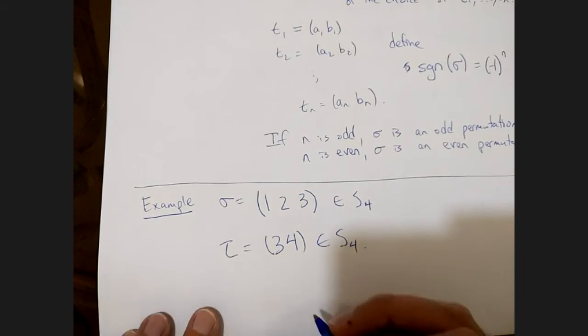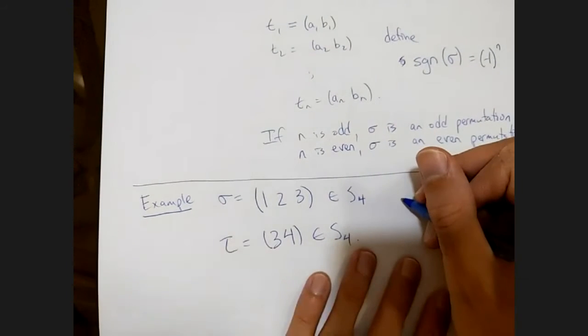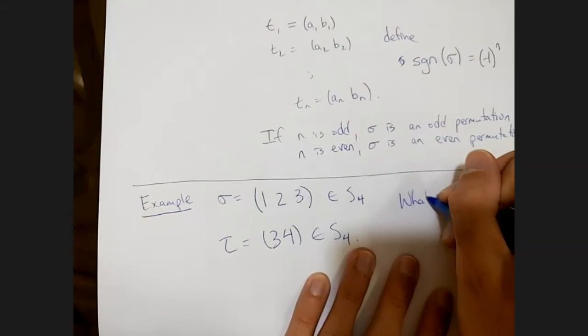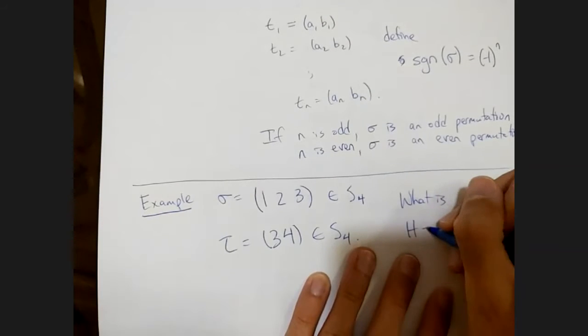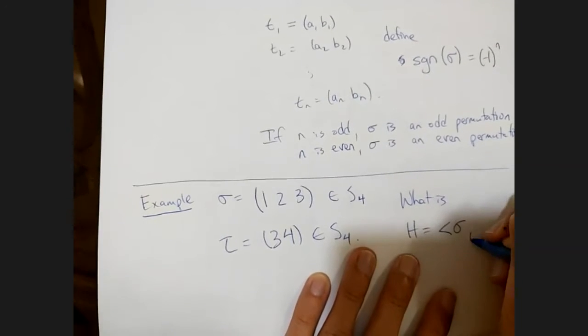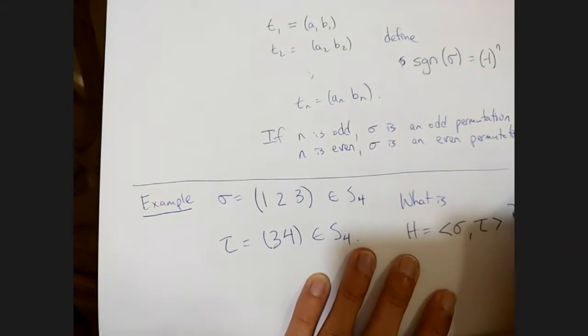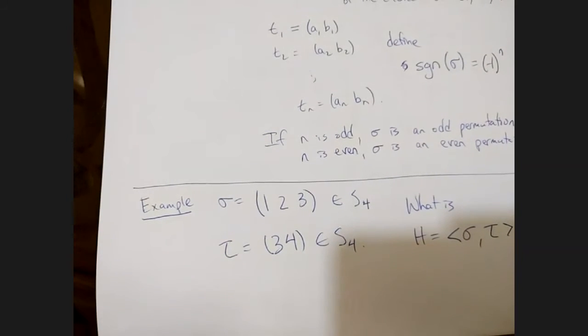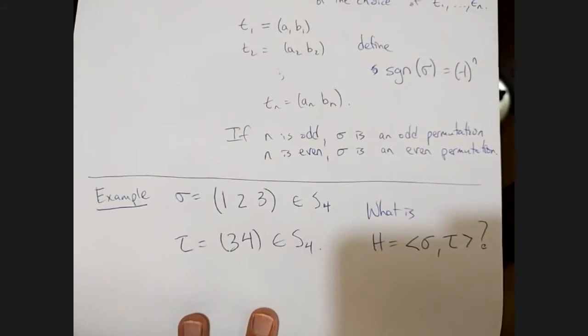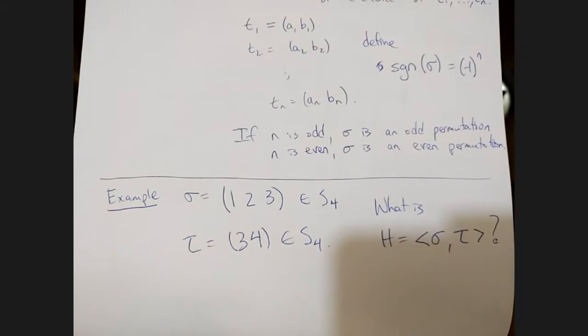And let's figure out what the subgroup H generated by sigma and tau is. Okay, let's figure out what it is.